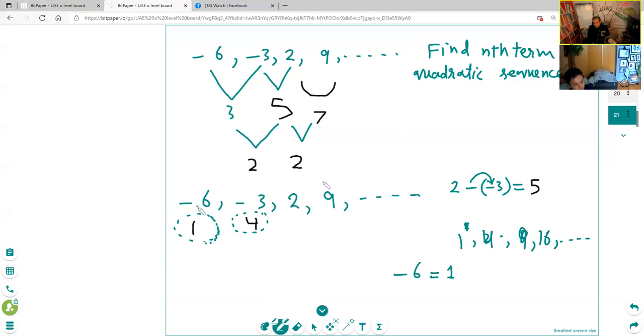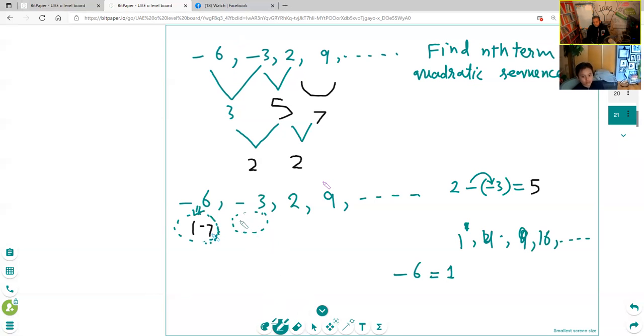You should write the number whose answer should be minus 6. But you cannot write only one. You should add or subtract some number. One minus, okay, good, great.